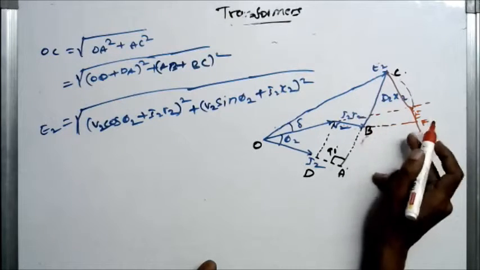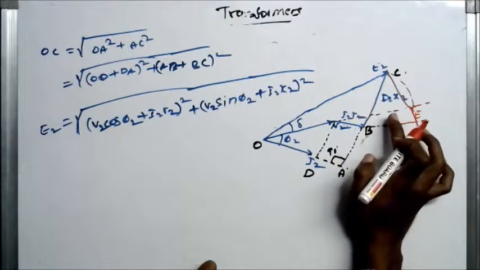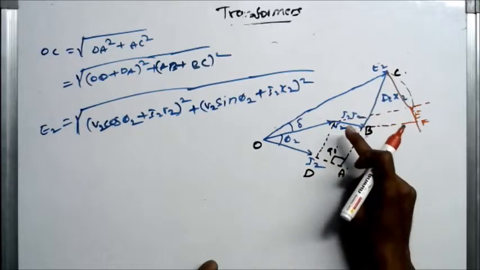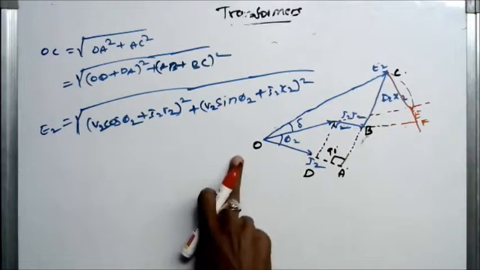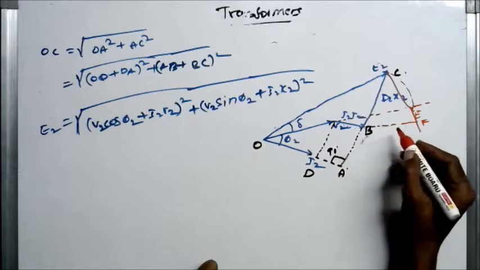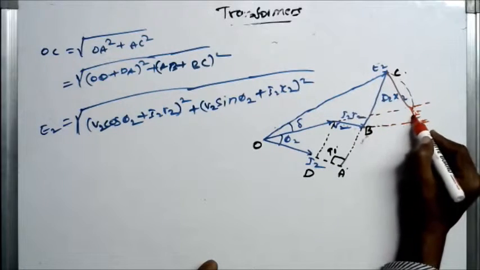BF is parallel to this line, the V2 line. It is parallel to the V2 line, is it? So this is at 90 degrees.